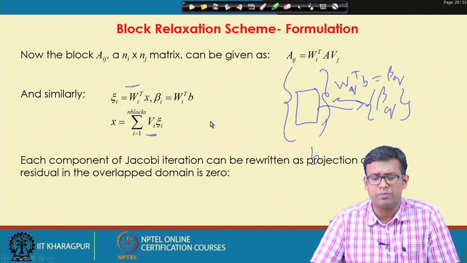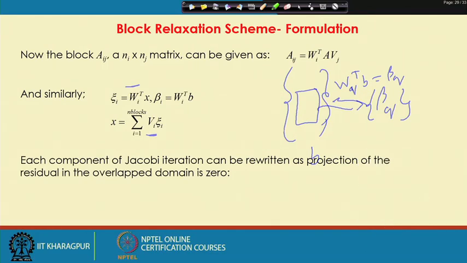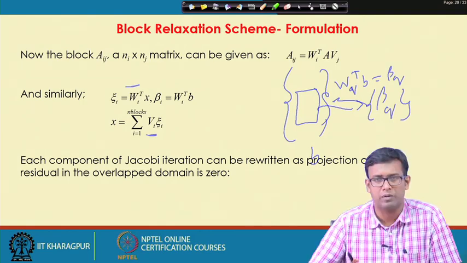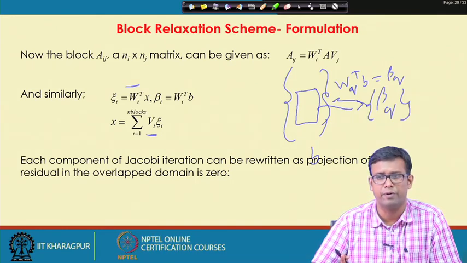Each component of the Jacobi iteration can be rewritten as the projection of the residual in the overlap domain being equal to 0. So we will get the residual in a subdomain. If there is overlap, then the overlapping residual will be obtained.